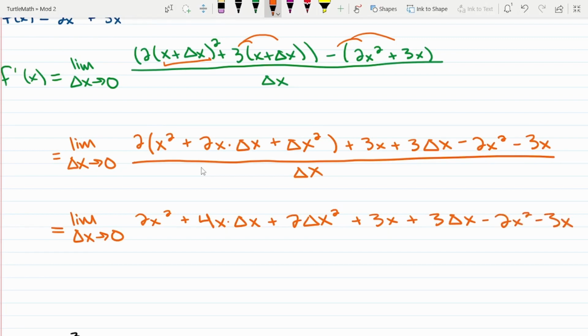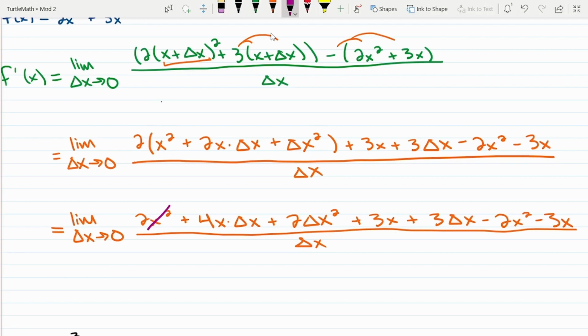As you can see, it's kind of a mouthful. It's a lot of algebra with these types of problems of plugging stuff in and simplifying. But once you get the hang of it, it's not too bad, and thankfully we're going to learn some shortcuts for derivatives soon.